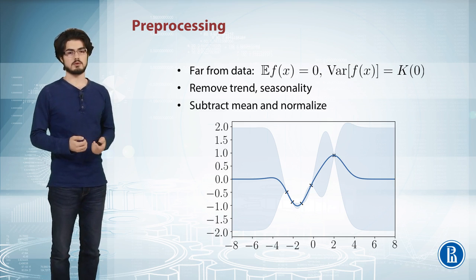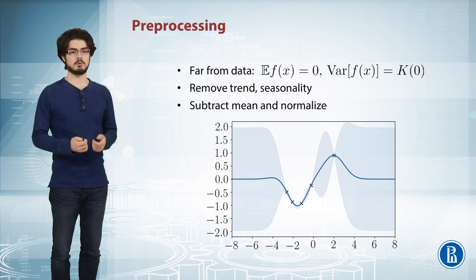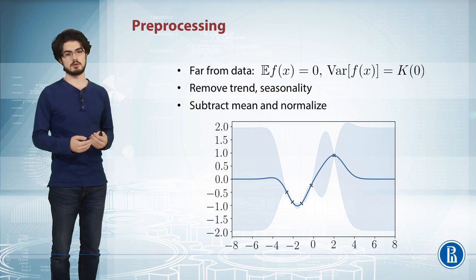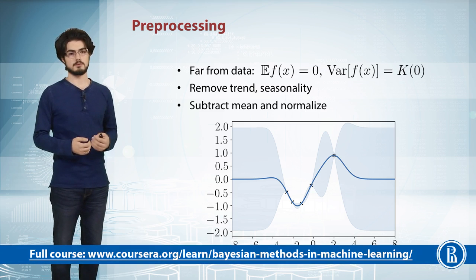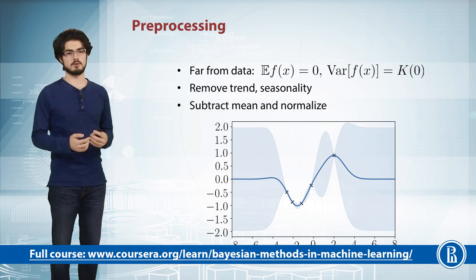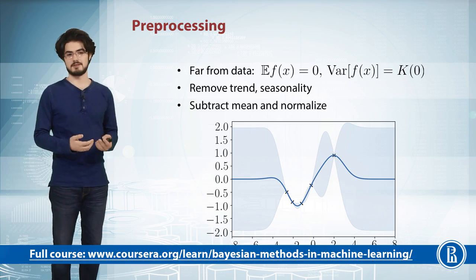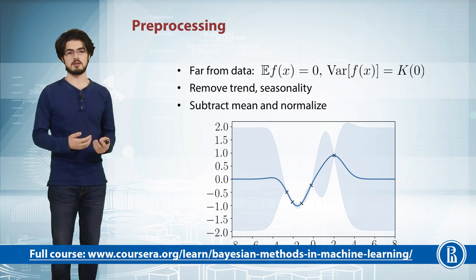And so after training the Gaussian process, we'll have some function like this. You should also remember to invert all those transformations when you predict for the new point. That is, you have to denormalize, add the mean, add trends and seasonality, and output your prediction.